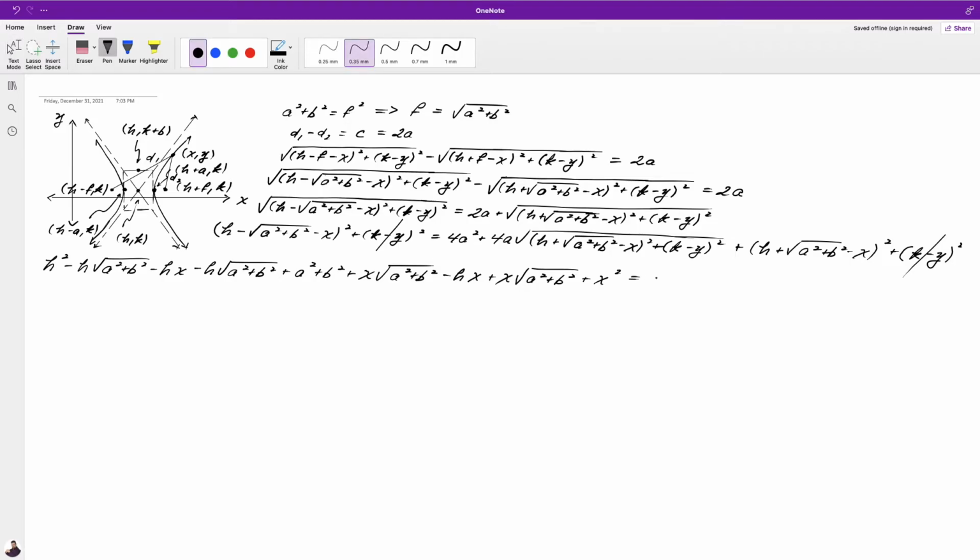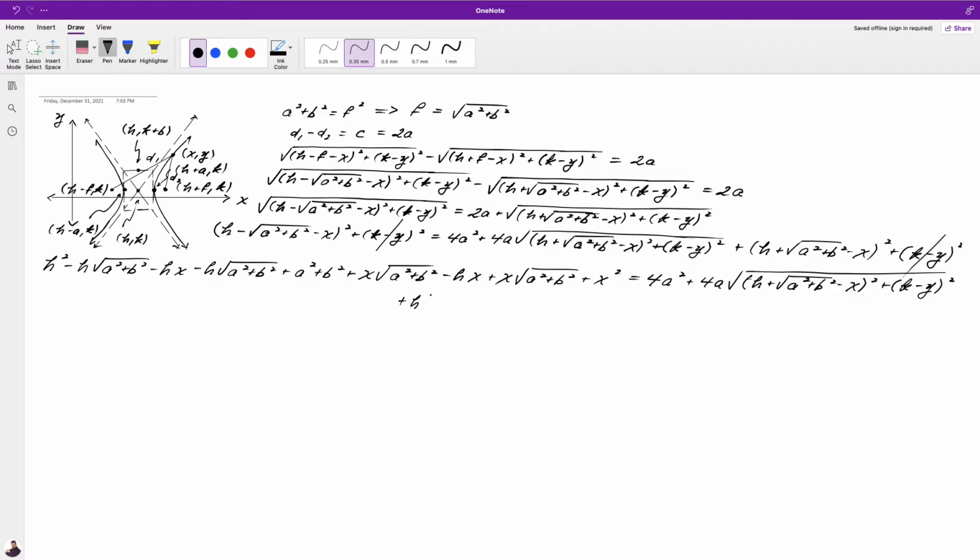Right-hand side, here we're going to have 4a squared, and we're going to, of course, have all this, which really can't be expanded for now, so let's just go ahead and get it in there. Okay, and now we're going to expand all this. And so we'll put it right here.